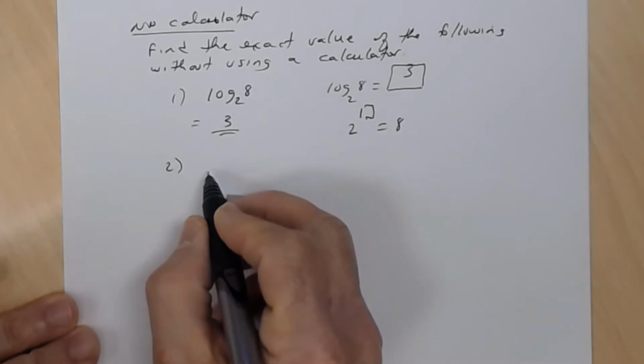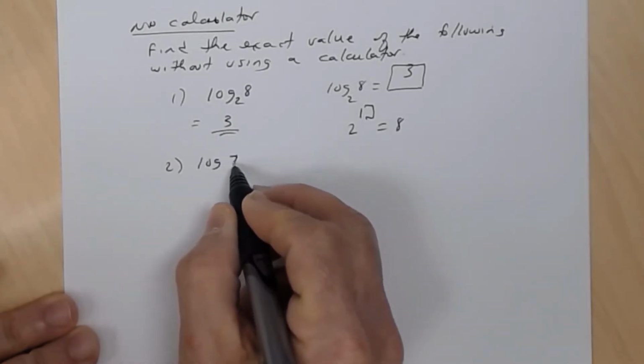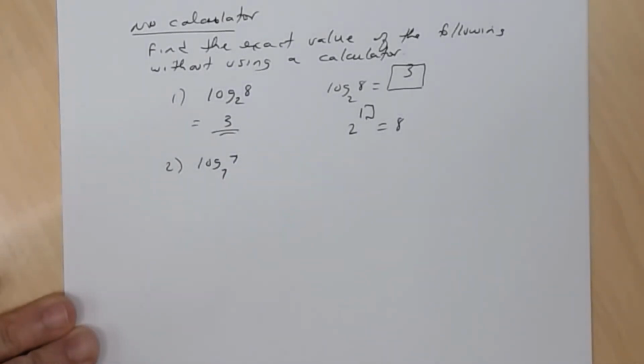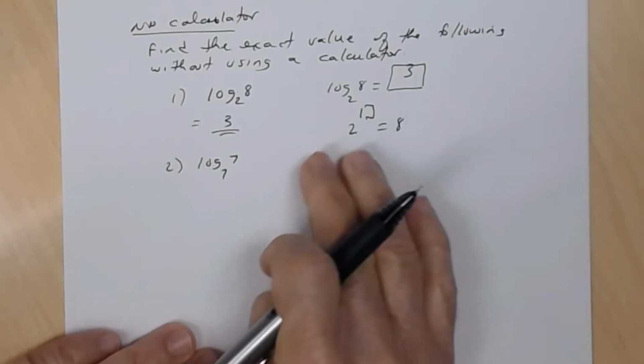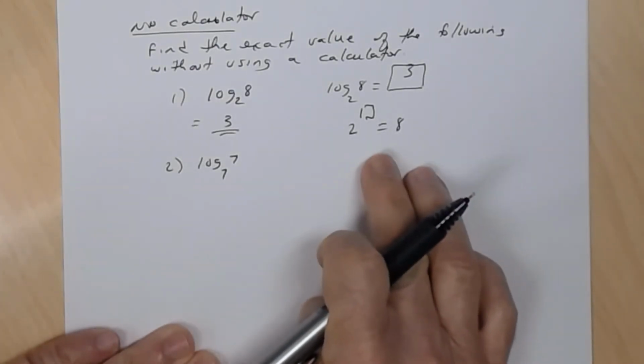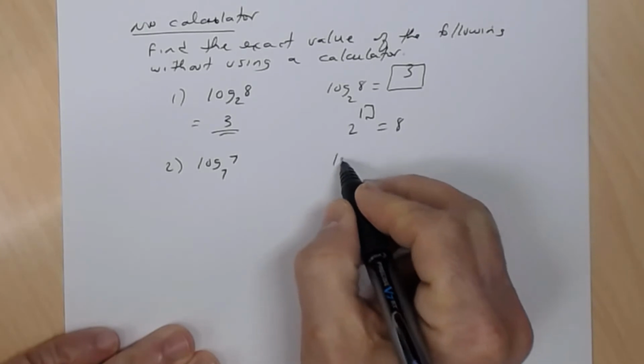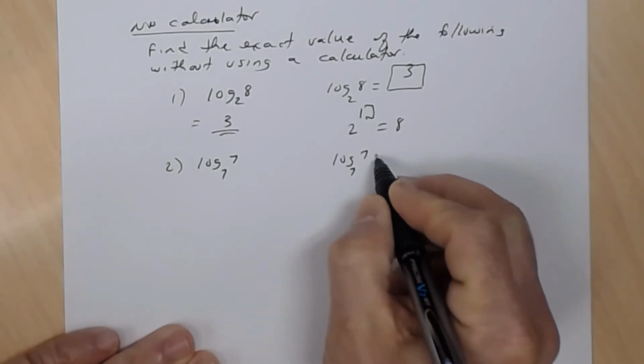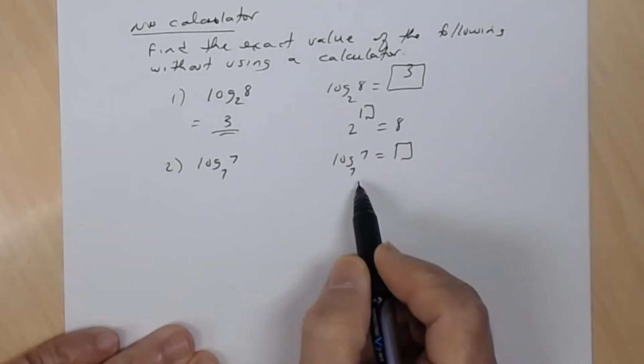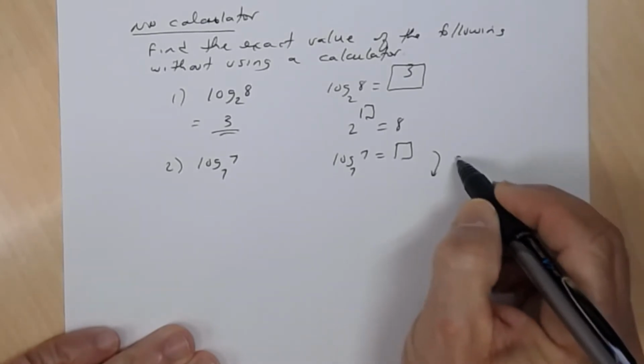Suppose we had log of 7 base 7. Without using a calculator, and you really don't know how to use your calculator with this anyway, I'm going to say log of 7 base 7 equals box. Now let's change this to exponential.